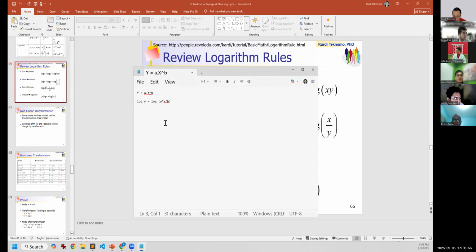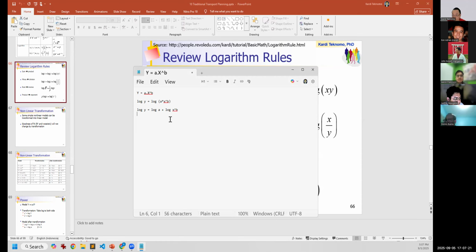The same thing, so we just copy this. Equal to, now you have log A plus log of x exponent B, isn't it? But the exponent can go out.